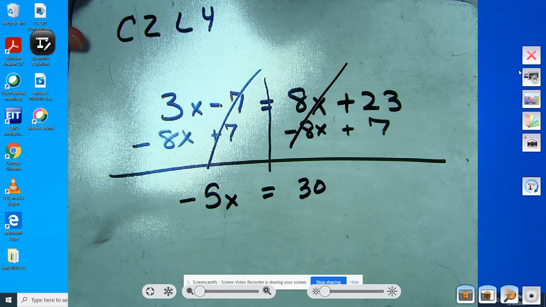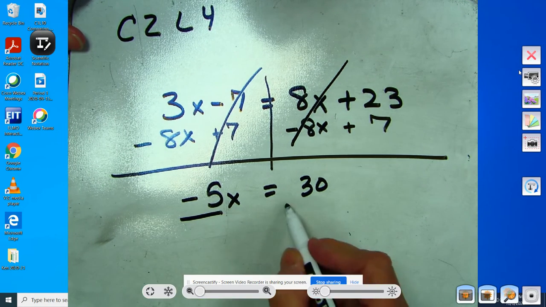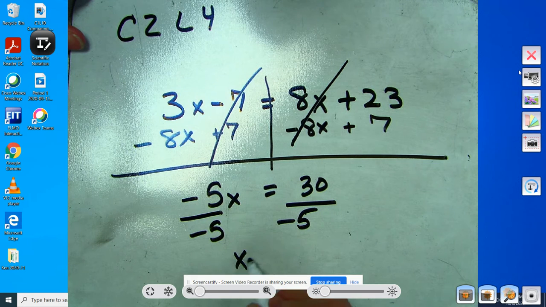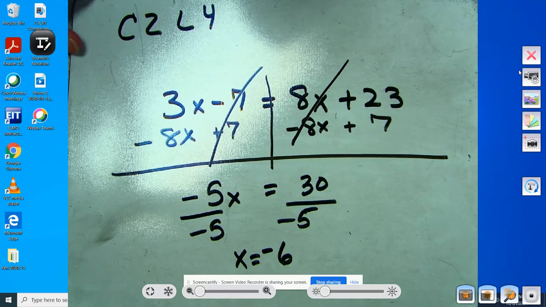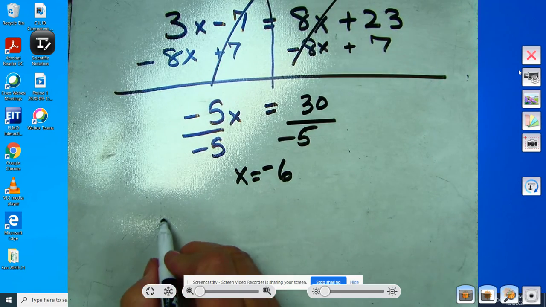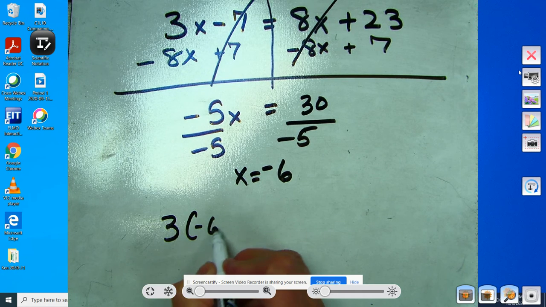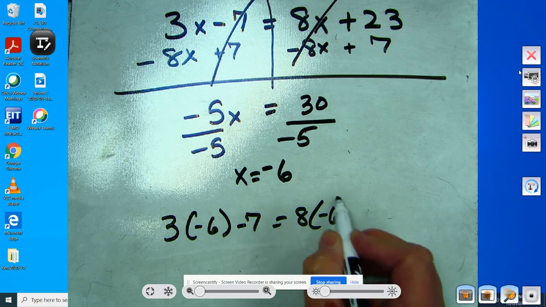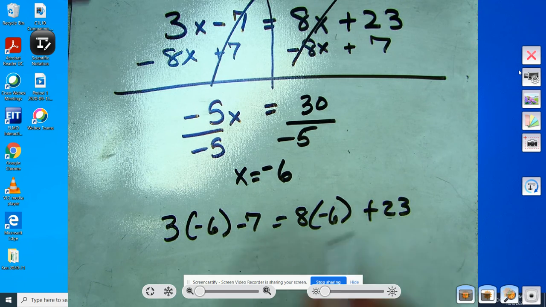9 little words, finish the problem. Divide by the number in front of the letter. And x equals -6. How do we know we did this right? We can plug it back in. So 3 times -6 minus 7 equals 8 times -6 plus 23.